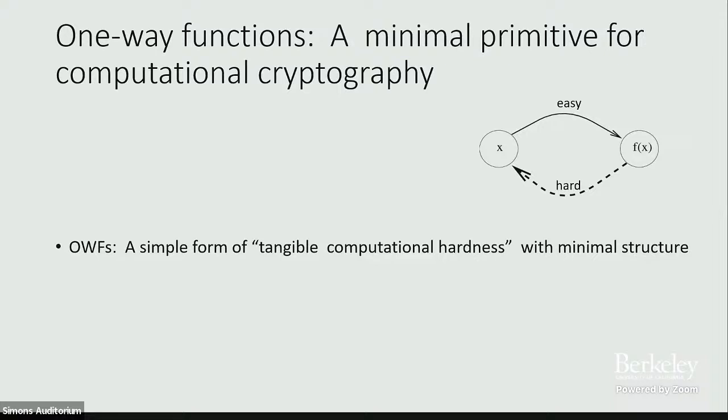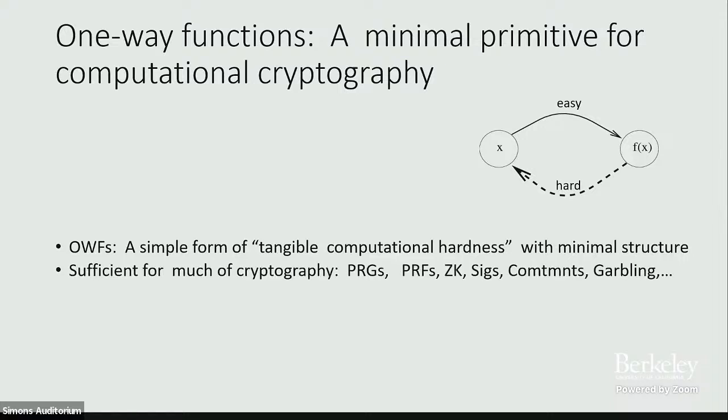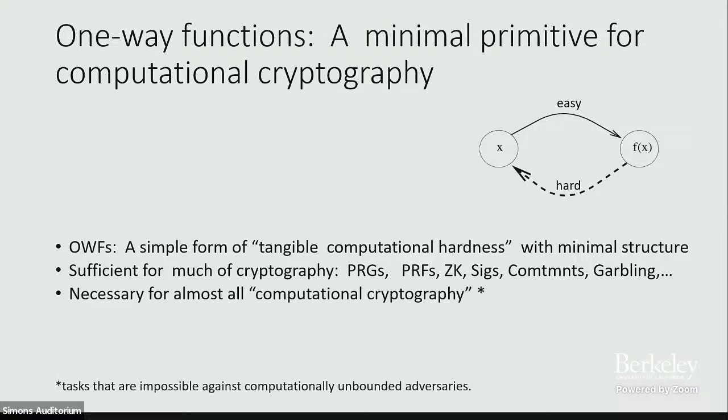So why is the one-way function so wonderful? It's a simple, tangible form of computational hardness with some minimal structure, and it's efficient for much of cryptography. It's necessary for almost all computational cryptography, which is whatever cannot be done against computationally unbounded adversaries, and it's also, of course, useful as a hub for implications.